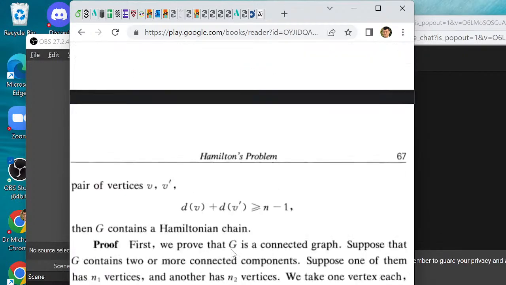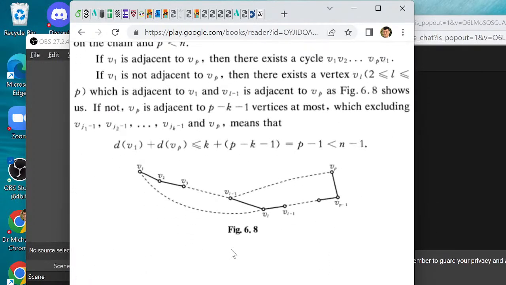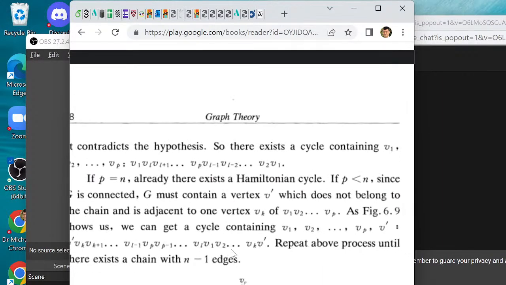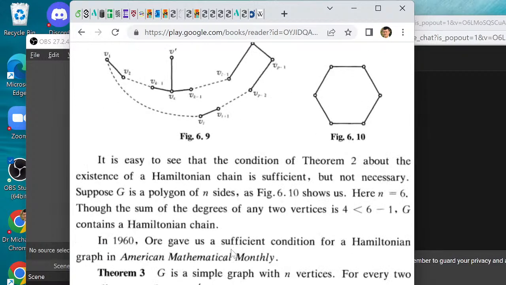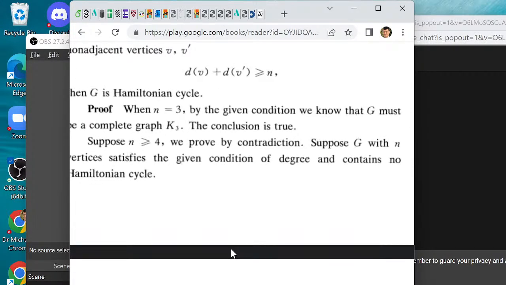Why does that change? It must be a triangle.